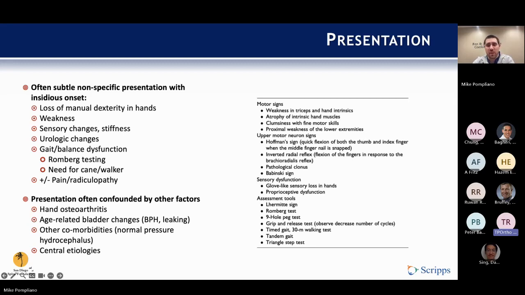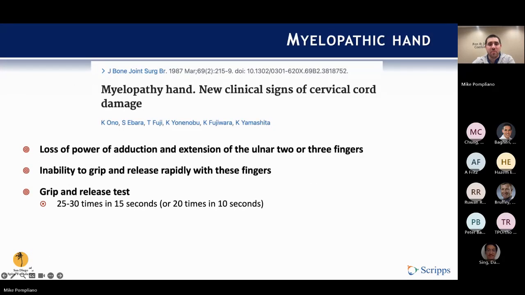So if their gait has been declining over 6 months, have they had bowel or bladder changes during that time as well? Or is this something that's been more chronic over 10, 15, 20 years? Things like normal pressure hydrocephalus are on the differential, which can present very, very similarly. And it's also important to keep in mind more central etiologies of these symptoms.